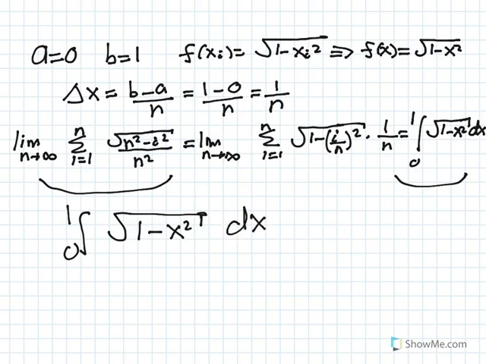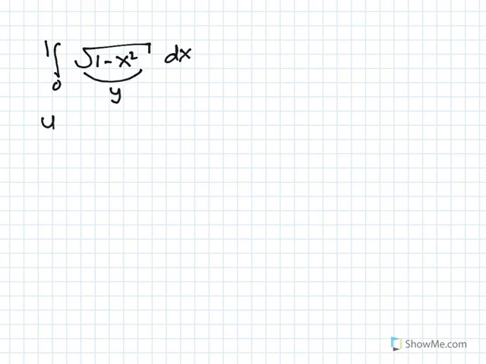Our goal in the second part of the question is to actually solve this. So how do we go about doing this? You will notice this function f of x is actually the top half of a circle of radius 1 with a center at the origin. We're going to prove that. So f of x is root of 1 minus x squared. We want to evaluate the integral from 0 to 1 using geometry. Let's call this y. y is equal to root of 1 minus x squared.